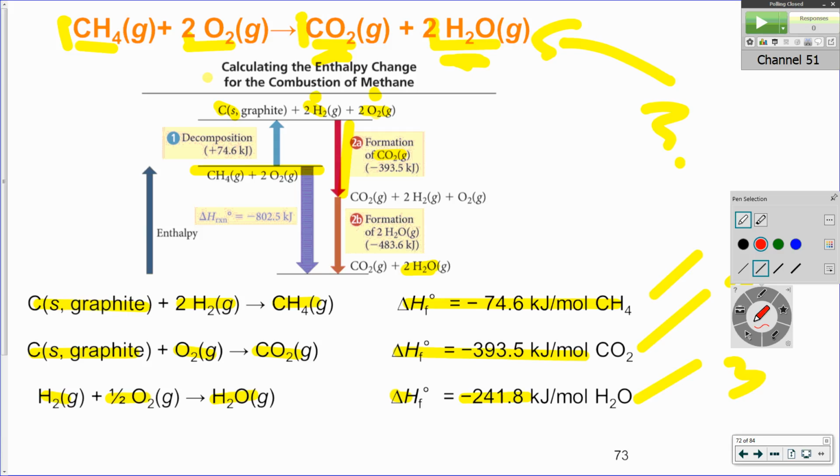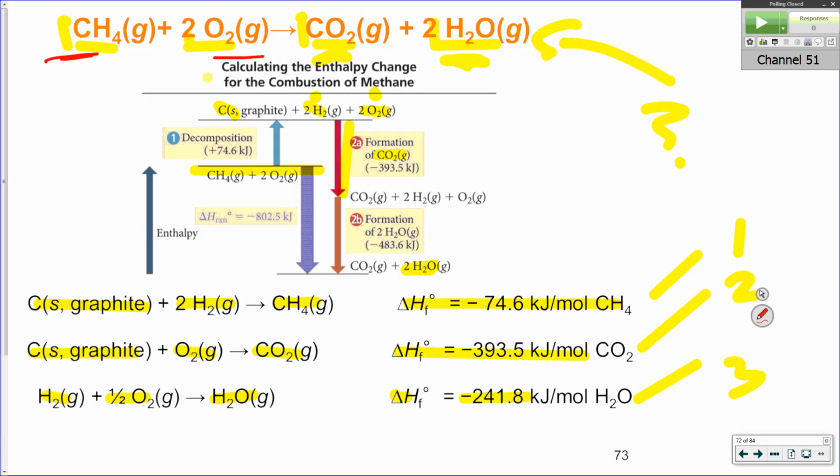In this reaction, there's no carbon in the form of graphite, so somehow I've got to get the carbons to cancel out. The only place I find methane, it's a product, and I need it as a reactant. So I know this one's going to have to be inverted. If I invert it, the graphite carbon is going to be on the right-hand side, so maybe the graphite is okay there.